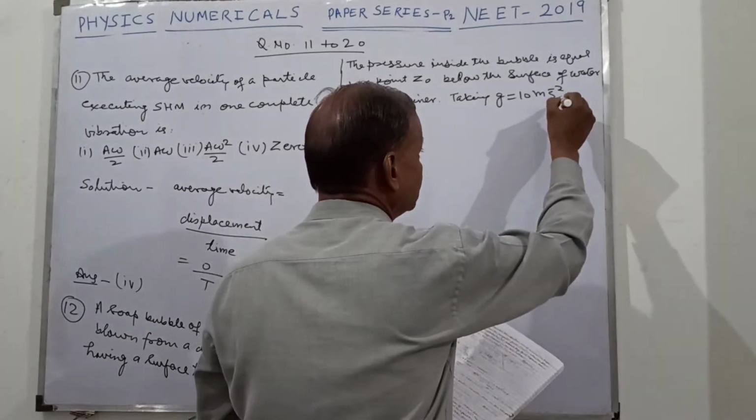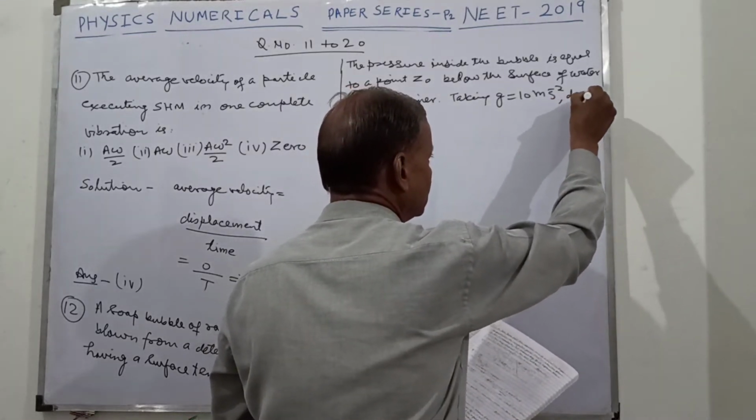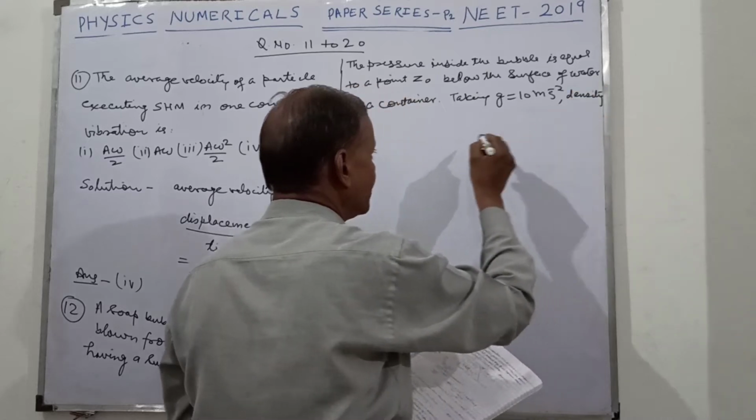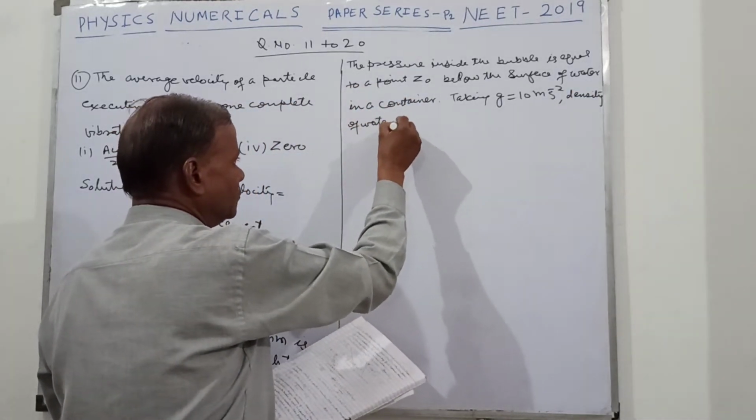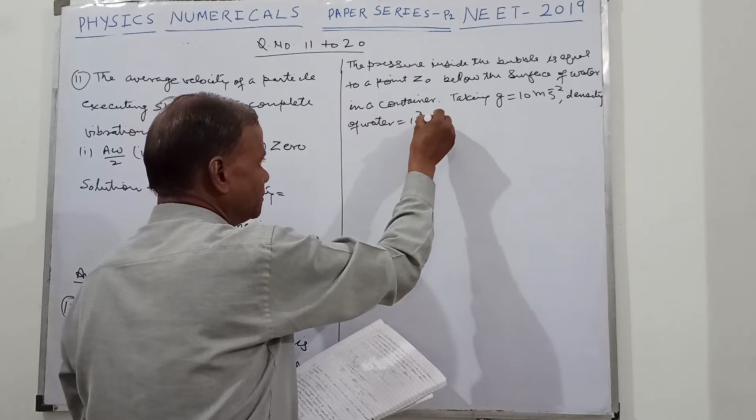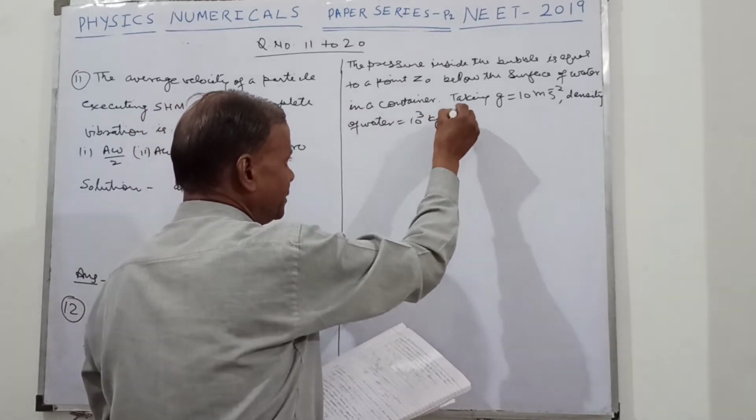Density of water equal to 10 raised to the power 3 kilogram per meter cube.